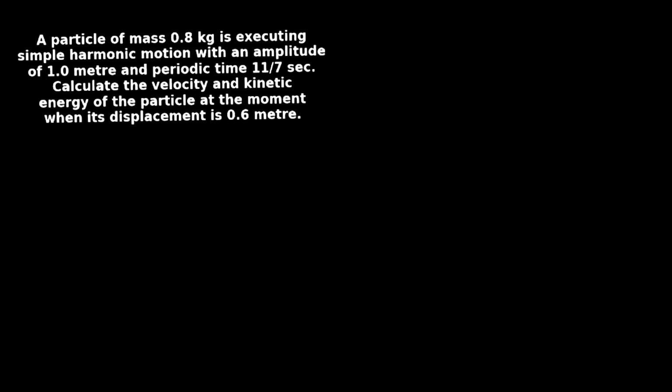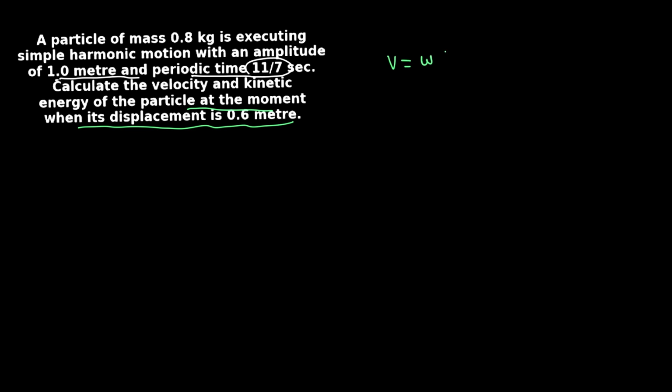A particle of 0.8 kg is executing simple harmonic motion with amplitude 1 meter and periodic time 11 by 7 second. Calculate the velocity and kinetic energy of the particle at the moment when displacement is this one. First I need to find out velocity. So I have this velocity formula.